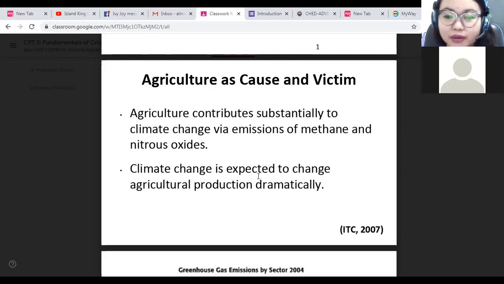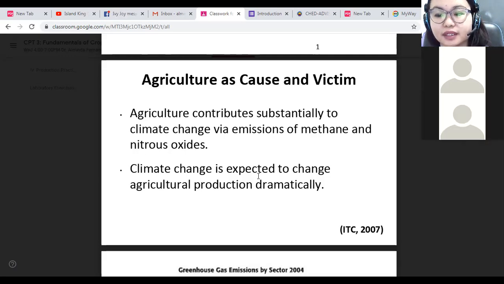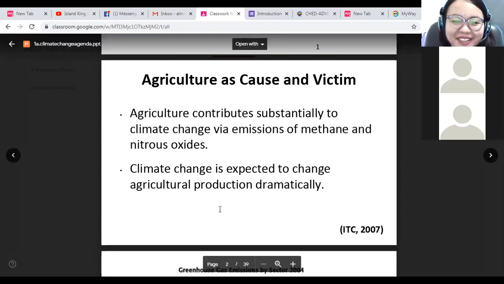Yes, I agree that agriculture is a cause of climate change. Yes, exactly. And do you know why? Because it says here, ma'am, that it is via emissions of methane and nitrous oxides. Yes, very good.